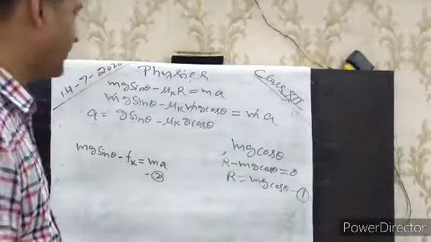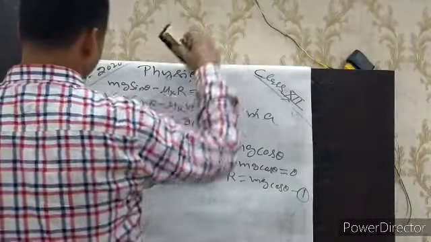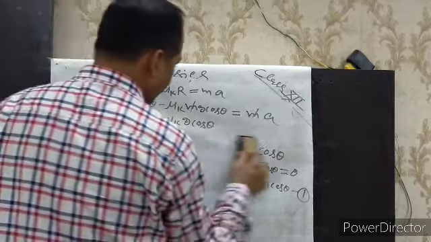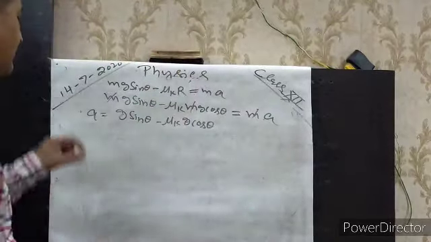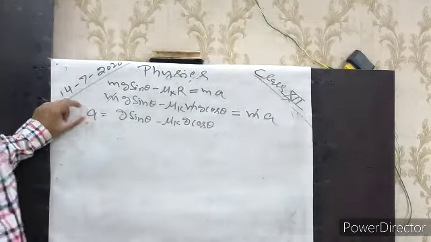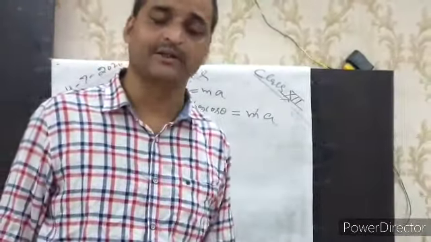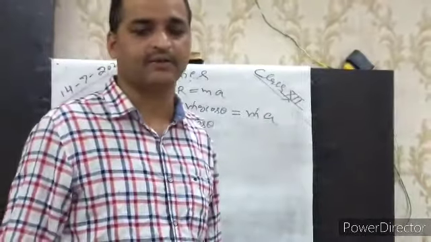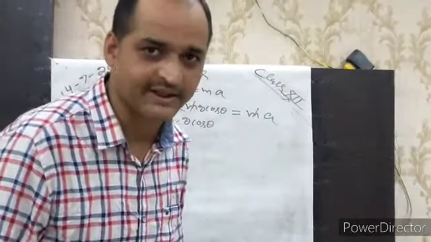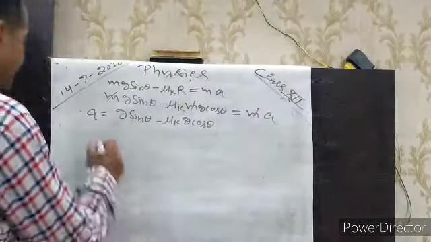Clear? Now the body is moving, and this is kinetic friction, but the body is moving with constant velocity. If the body is moving with a constant velocity, there is no acceleration, then a is 0.